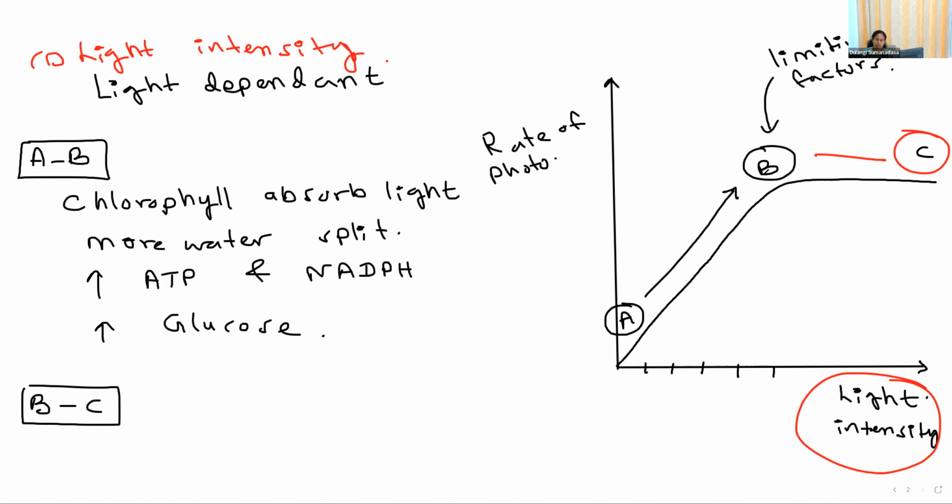But after B, there are limiting factors other than the light intensity. As an example, carbon dioxide concentration might not be enough, right? So even though we have lots and lots of light available, other factors like carbon dioxide are going to be a limiting factor.